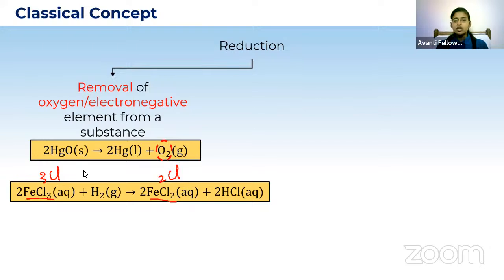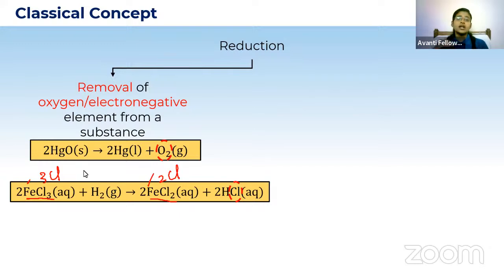So the removal of electronegative element leads to the reduction of the metal. Iron has got reduced. So this is an example for reduction reaction. Got it? So one chlorine has been removed as HCl. So this is an example for removal of electronegative element.